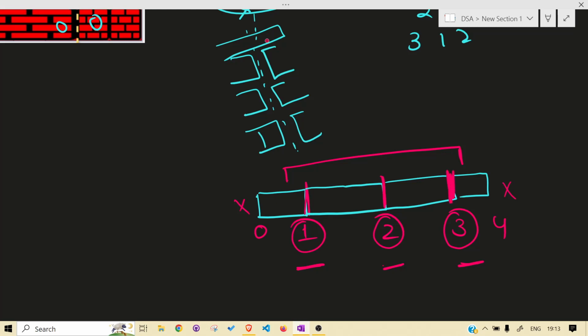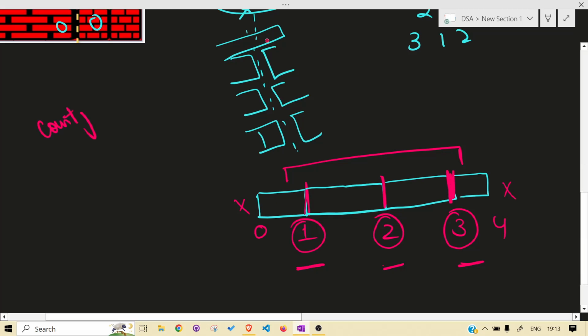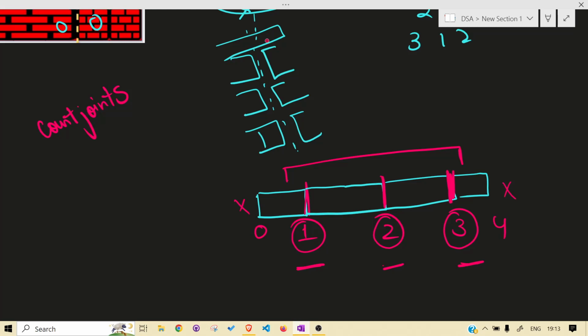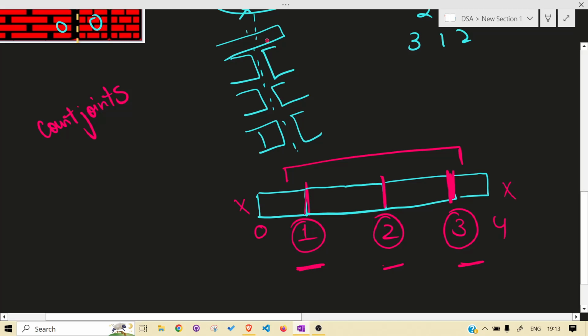Now the problem boils down to this: count the joints. Count the joints according to how? We have index 1, index 2, index 3.